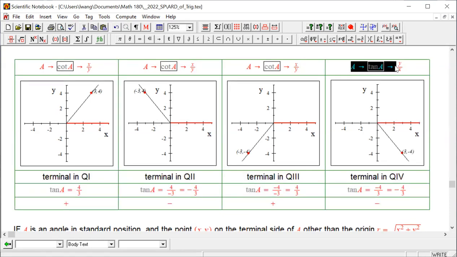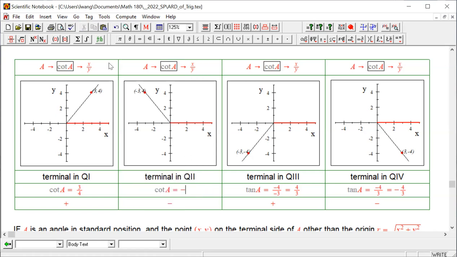You can see cotangent is a rule that takes an angle as input, measured from standard position, and the output is a ratio. Since it's cotangent, the ratio is 3 over 4, which is the reciprocal.